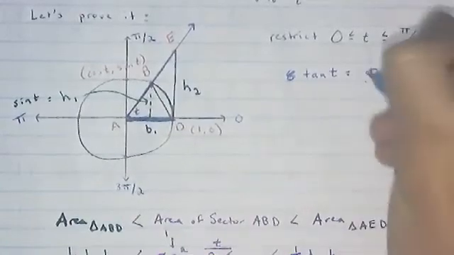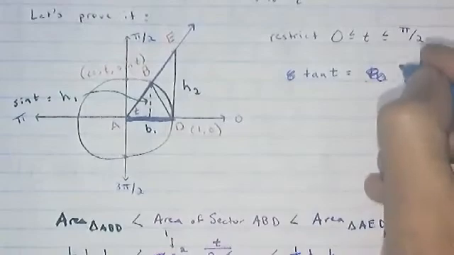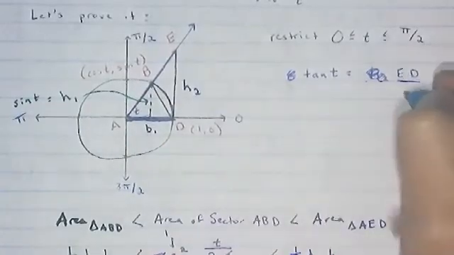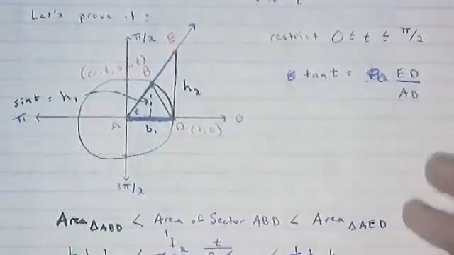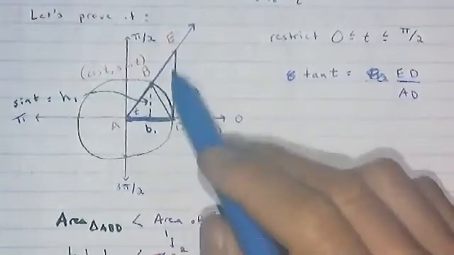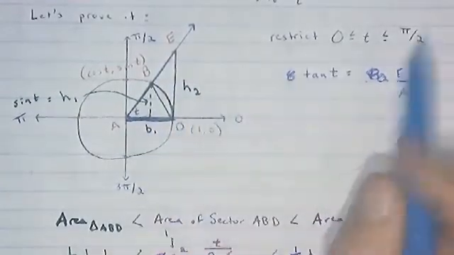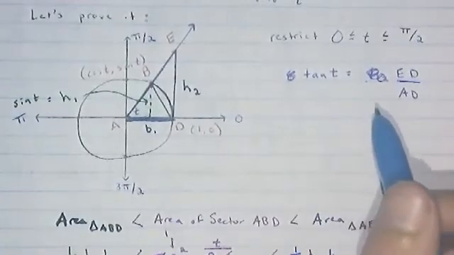Or actually, no, we're going to go even further back. We're going to call it ED over the adjacent side, which we'll call AD. Are we okay that ED is the opposite side and AD is the adjacent side? Opposite over adjacent, TOA, SOHCAHTOA, yeah.